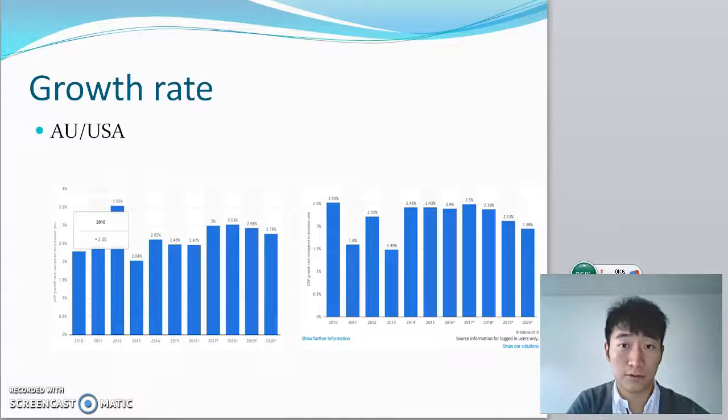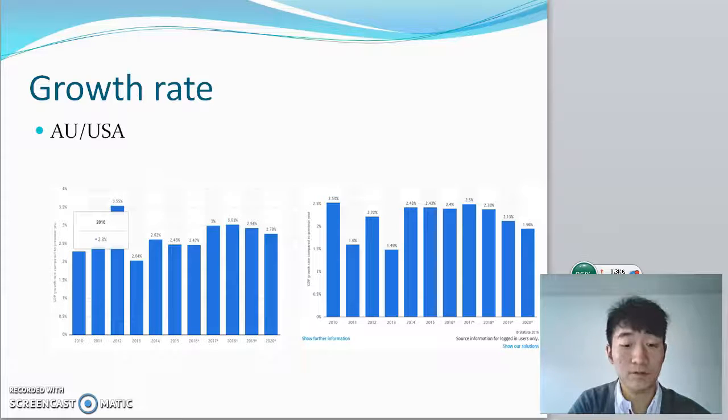Meanwhile, the economic growth rate of the USA increased from 1.5 to 2.3%. The GDP growth rate of America increased by a little amount, and the GDP growth rate of Australia is unchanged. Australia's GDP growth rate is still higher than the GDP growth rate of the USA.